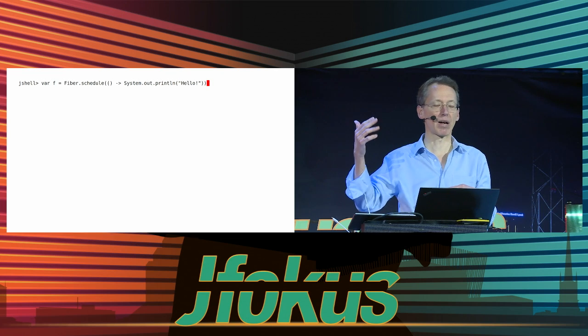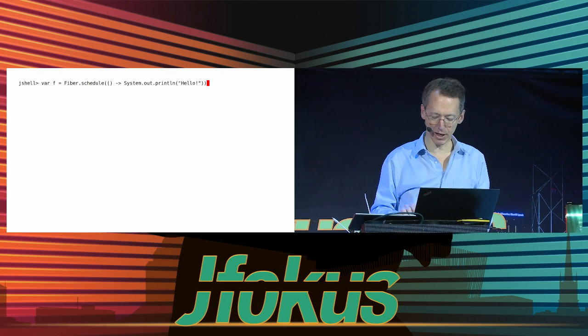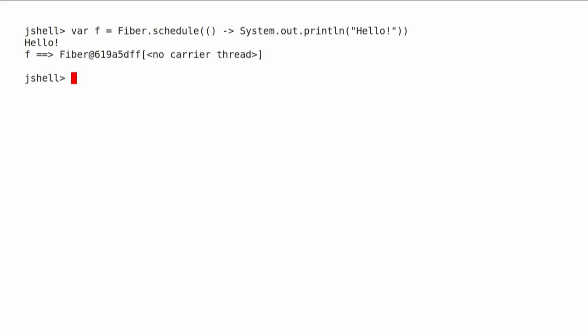Right now, there's no way to make a fiber and just have it hang around until you're ready to run it. But this API is in flux, that might change. So here we're going to make a fiber, it's going to print hello, and then it's going to be done. So it prints hello, and then it's done, and we get back this fiber object, and look, it says there in the toString output, no carrier thread.